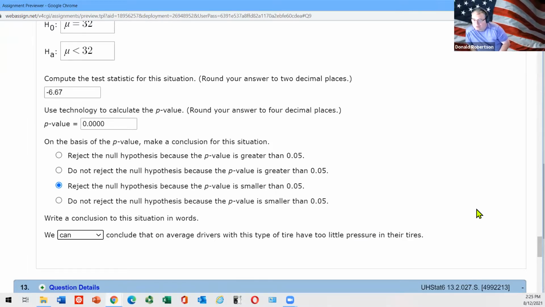But more than that, maybe we should do an advertising campaign directed at motorists, something along the lines of, you know, tire pressure is important, make sure your tires are the right pressure, go get them checked, things like that. One of those kinds of things to try and encourage people to not have these low numbers.